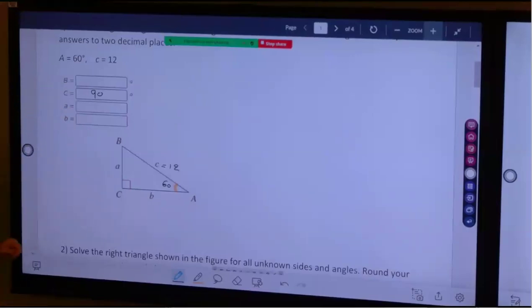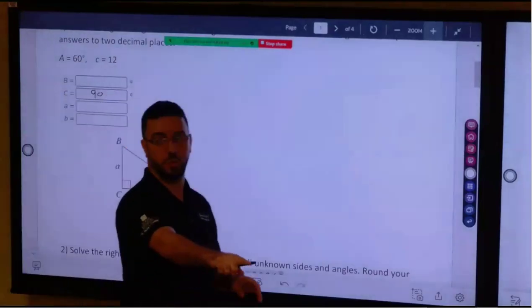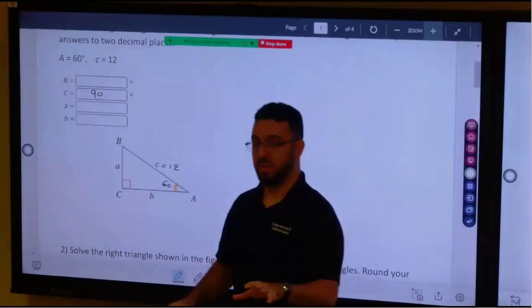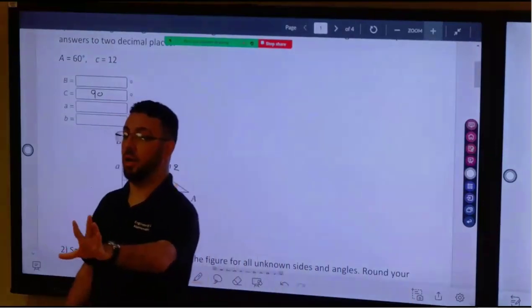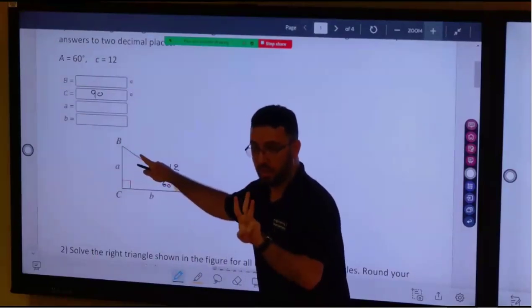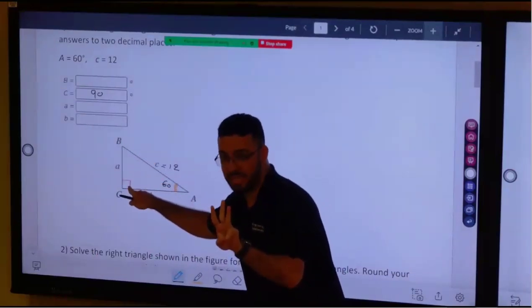What about the angle B? How am I gonna find the angle B? 180 minus... no, not 180, okay. Because how many angles do you have here? You have 3 angles. You already know C is 90.